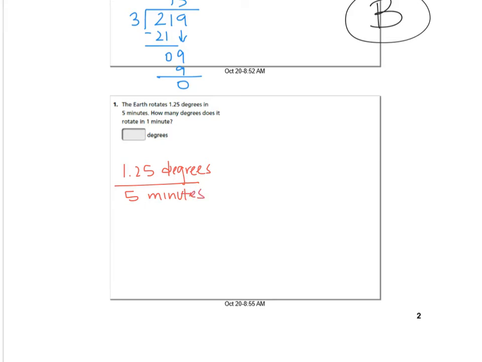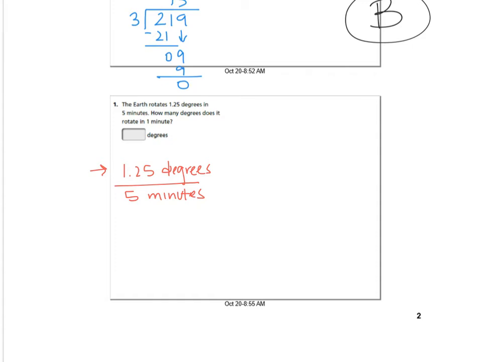When you have a rate, you are allowed to have a decimal at the top of the fraction. I know that seems crazy and it seems like nothing you've really ever seen before, but that's allowed. Only when you're dealing with rates, you're allowed to have a decimal inside a fraction.